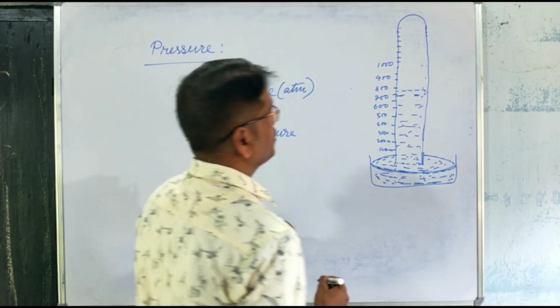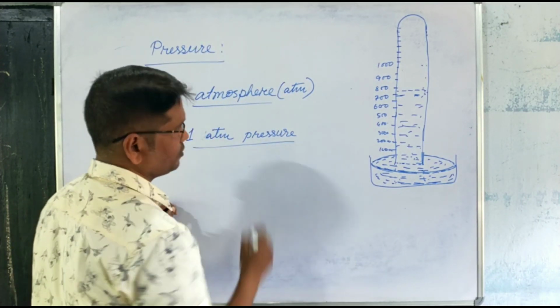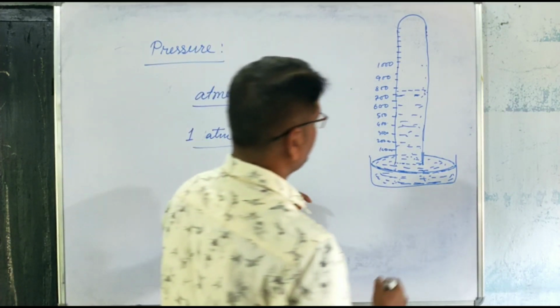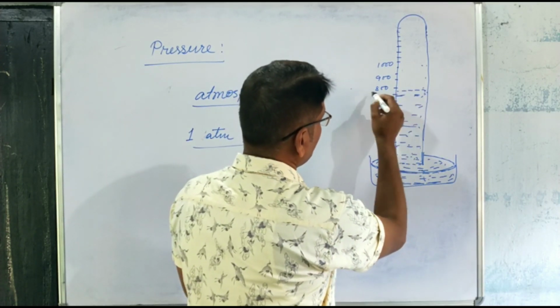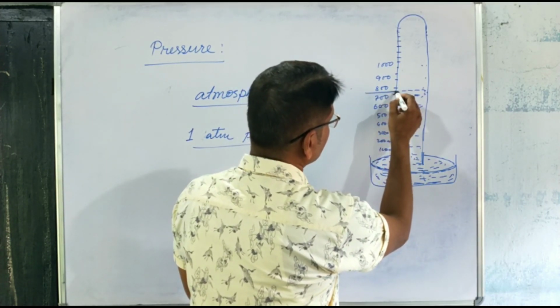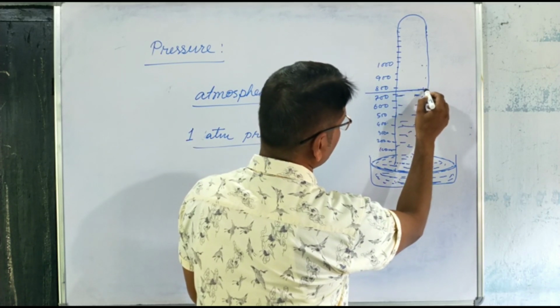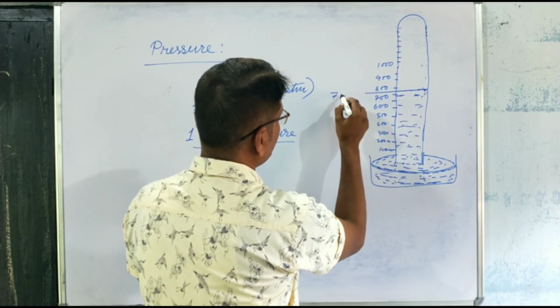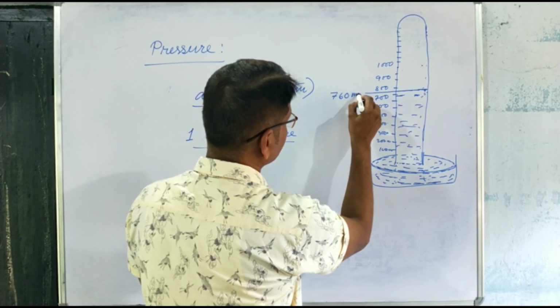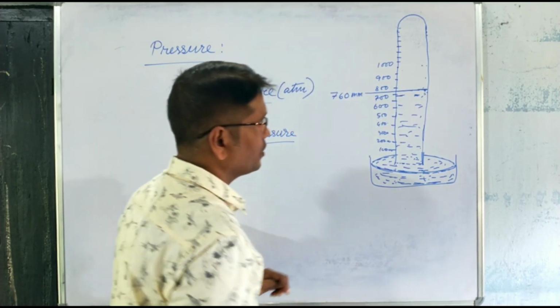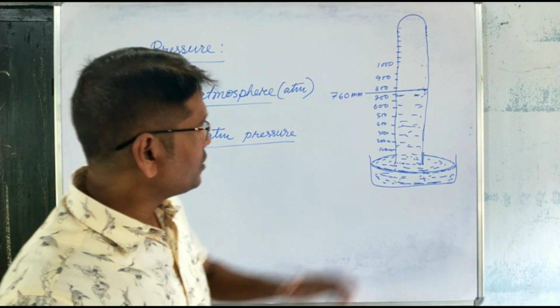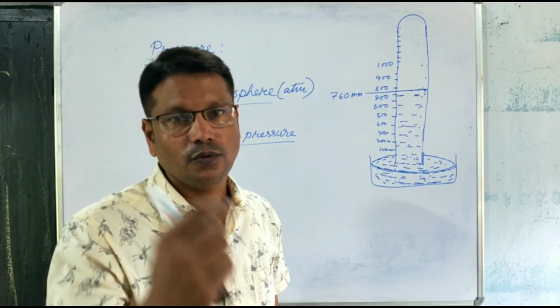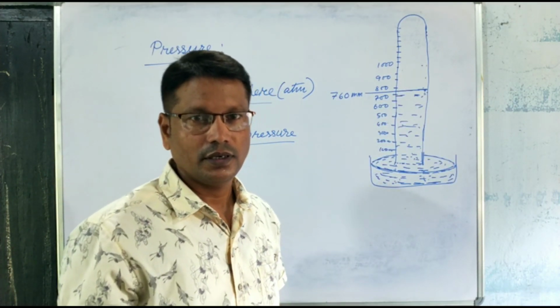But what is 1 atm pressure now? So when the mercury column is exactly at 760 millimeter, then the pressure of the atmosphere is called 1 atm.